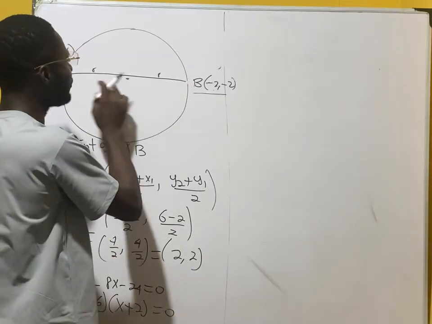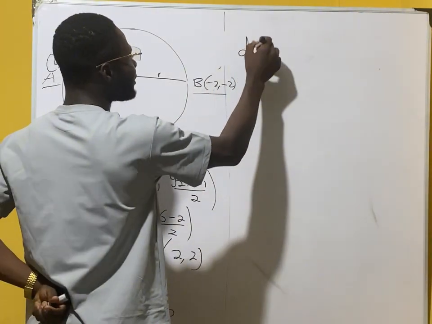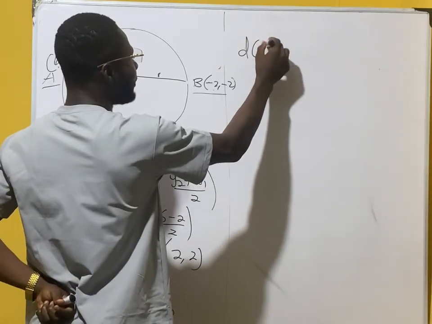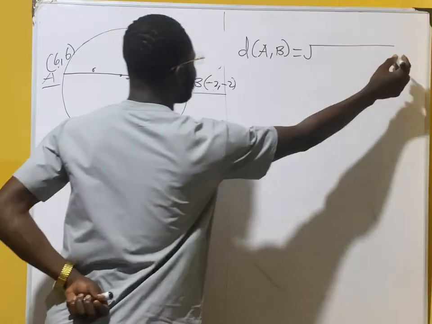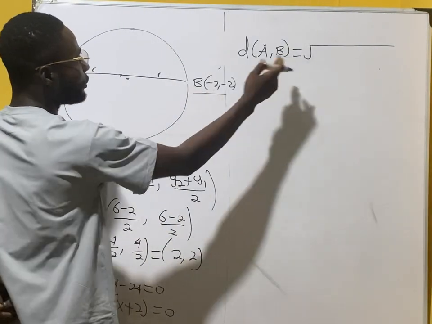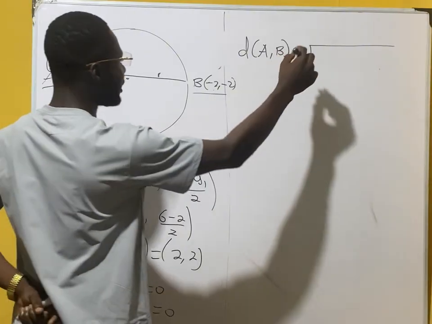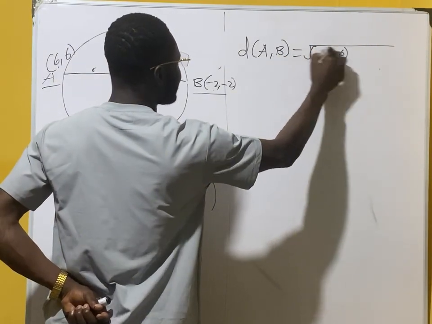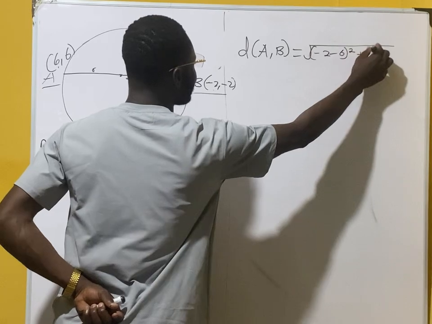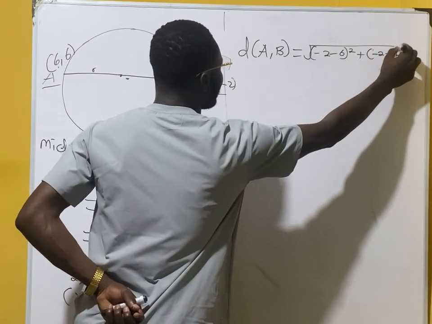Finding the radius of this circle means that we are going to find the distance along AB, right? So the distance AB will be equal to the square root of x2 minus x1, so it will be (-2 minus 6) all squared plus (-2 minus 6) all squared.